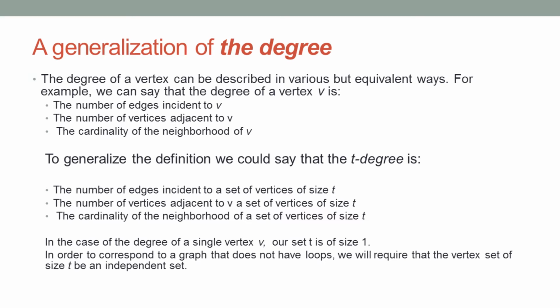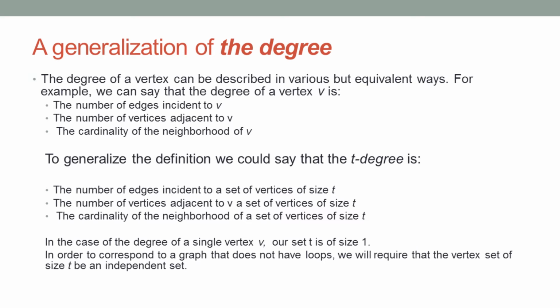Or you can say it's the number of vertices adjacent to v. Or you can say it's the cardinality of the neighborhood of v, where the neighborhood is the set of all adjacencies. So to generalize the definition, we could say that the t-degree is the number of edges incident to a set of vertices of size t.